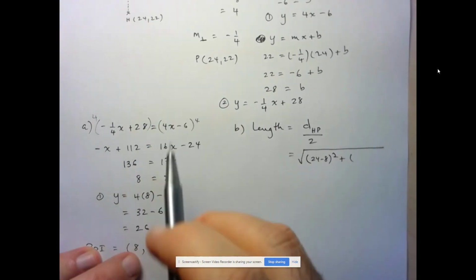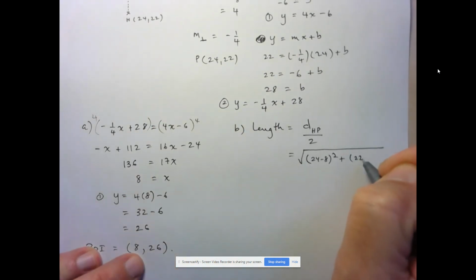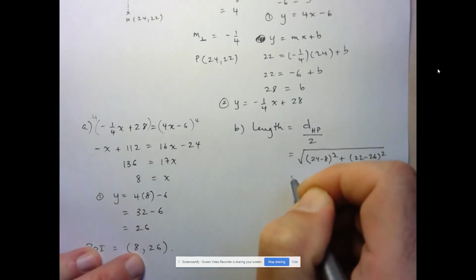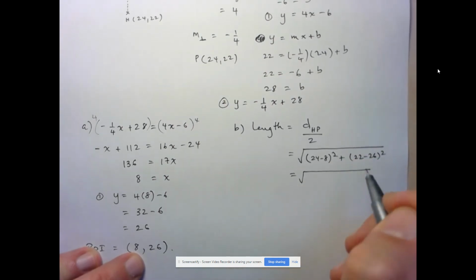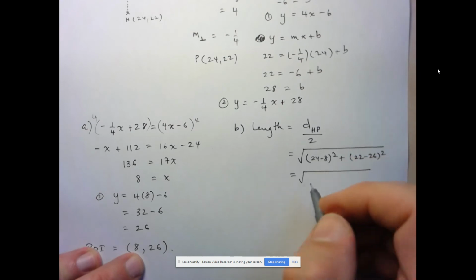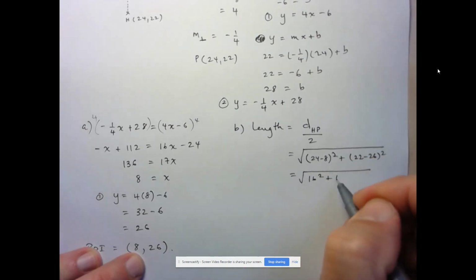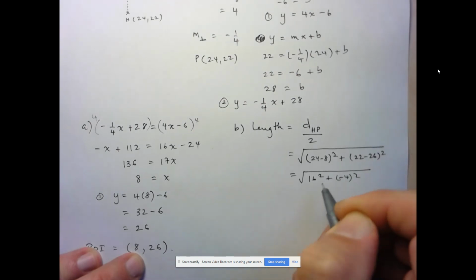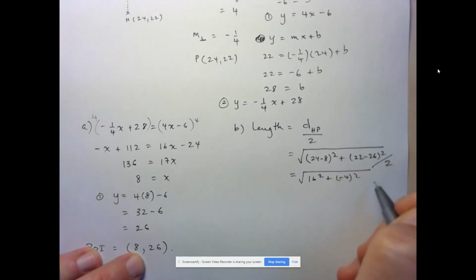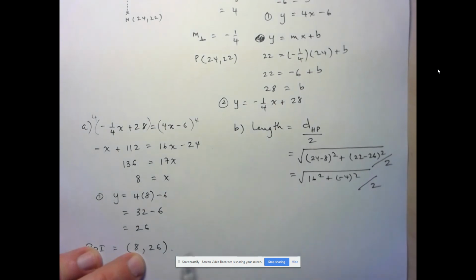So here, 22 minus 26 squared. All right, so here we've got square root of, so 24 minus 8 is 16 squared, plus this is 22 minus 26, negative 4 squared. Okay. Oh, and of course, I forgot, we're dividing by 2. Forgot to write that in.